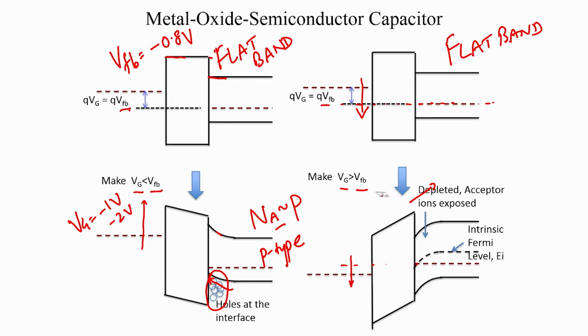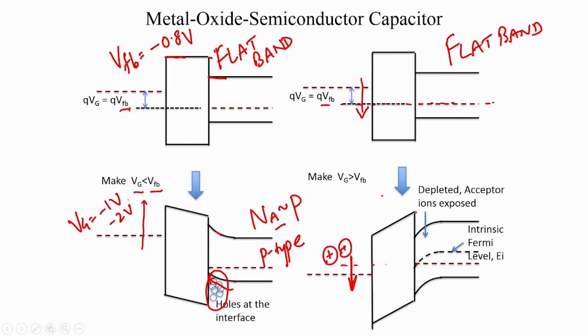So, when Vg is greater than Vfp, the bands start bending the other way, because we are now pushing the Fermi level of the metal below the Fermi level of the semiconductor. And what happens at this stage? We have now started adding positive charge on the gate.